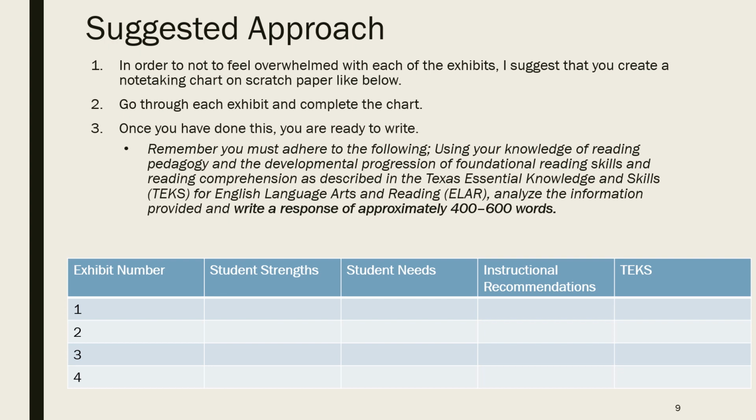And what you're going to do is you're going to number the exhibit and then read over it a couple of times, find out what the student's strengths are as you read over it, and then identify one need that the student has based on that data or exhibit. And then you'll come up with one idea for what kind of instructional recommendations you would have, and then you would come up in general the TExES that would be addressed.